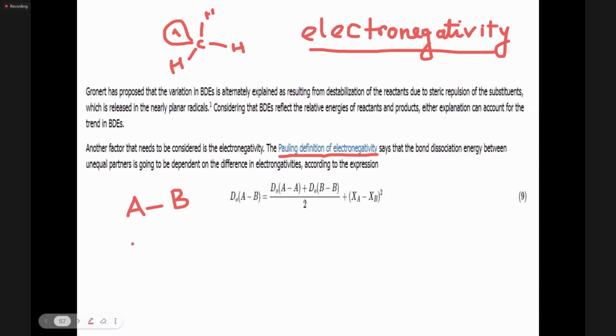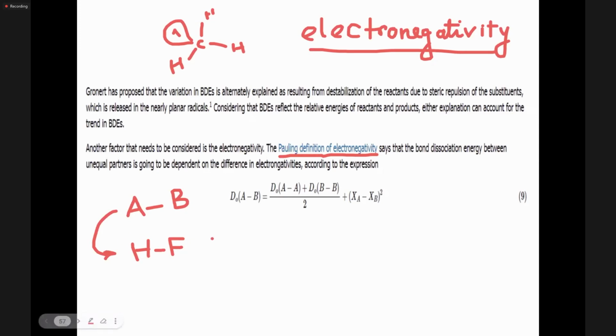So let us take the example of the HF molecule, that is hydrogen fluoride. HF falls under the category of AB because these two atoms are chemically different from one another. These two atoms are hetero.